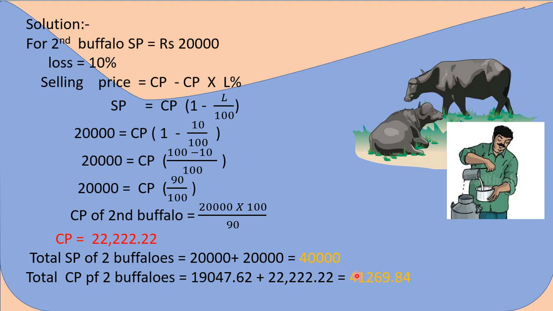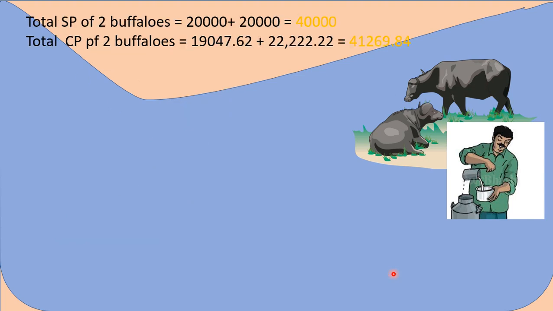Now observe these two quantities. This is the total selling price, this is the total cost price. Which is greater? We know 41,269.84 is the greater quantity. So we can say the cost price is greater than the selling price.